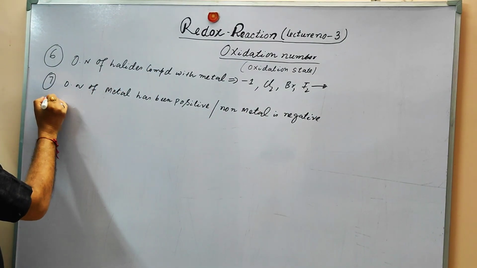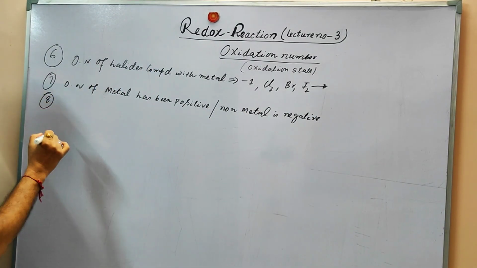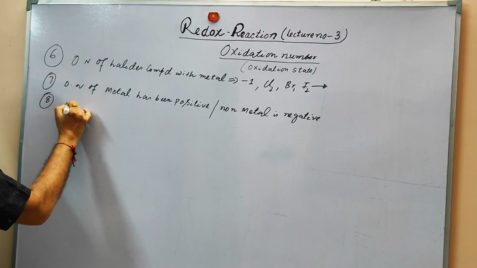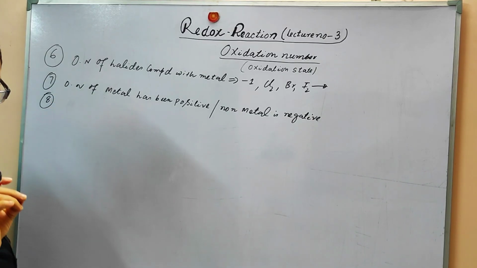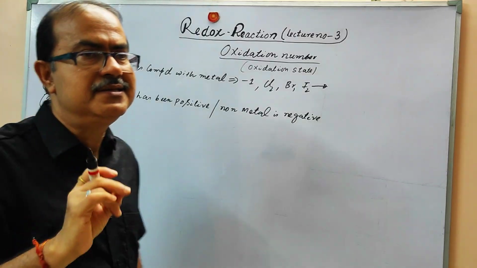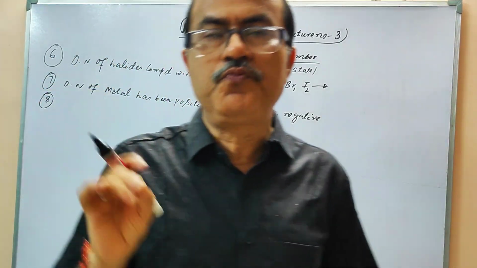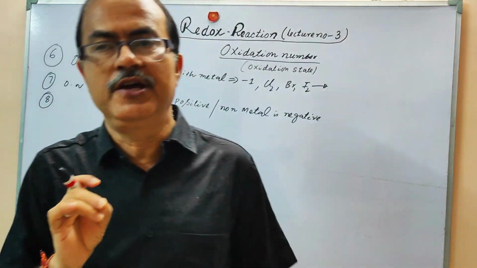Eighth point: suppose there are two elements in the compound and one element is electropositive and the other is electronegative.